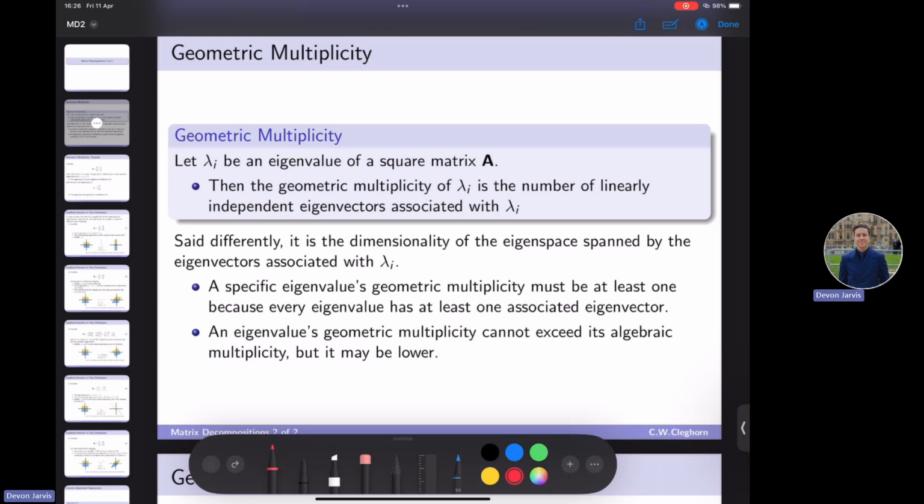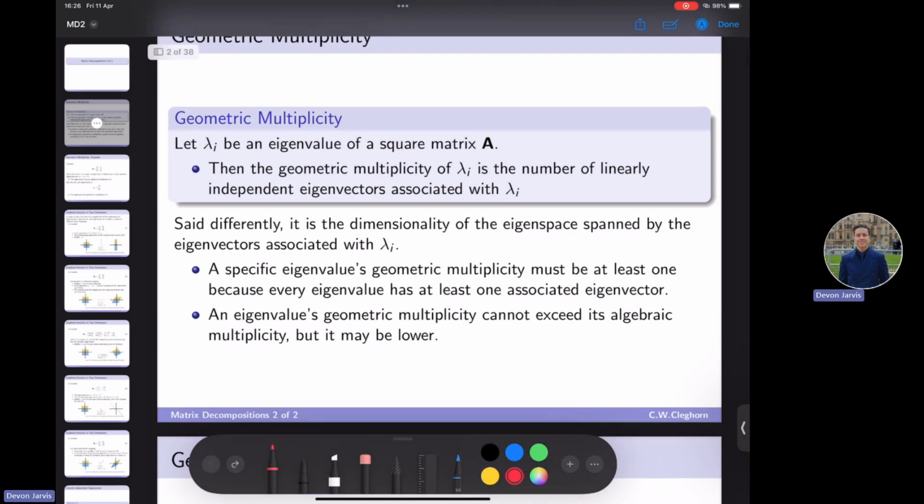Okay, so the number of dimensions that get stretched by a value of 2, if your eigenvalue is 2, for example. So a specific eigenvalue's geometric multiplicity must be at least 1, because every eigenvalue has at least one associated eigenvector, but it can have multiple, obviously. And then an eigenvalue's geometric multiplicity cannot exceed its algebraic multiplicity, but it can be lower.